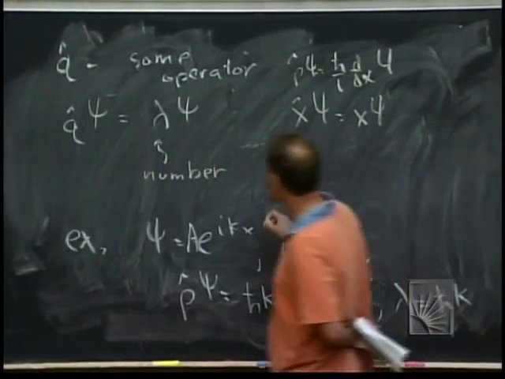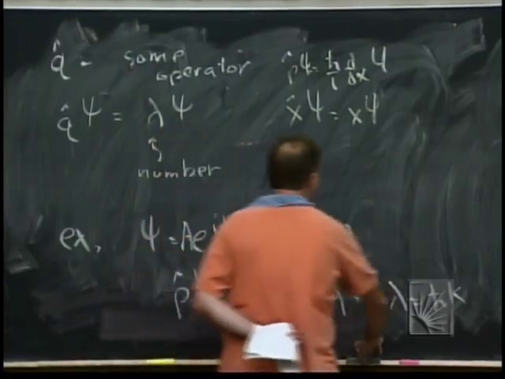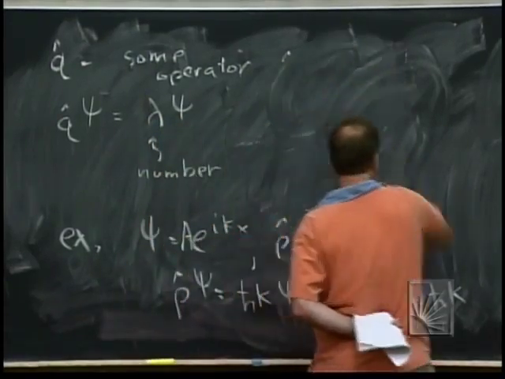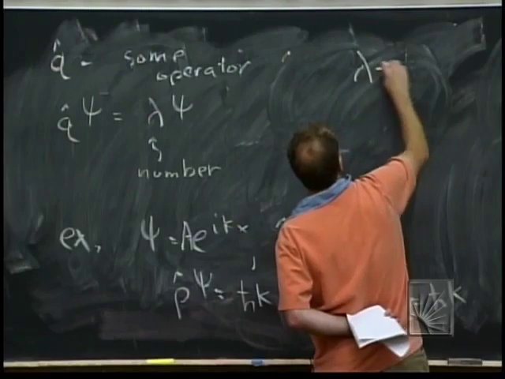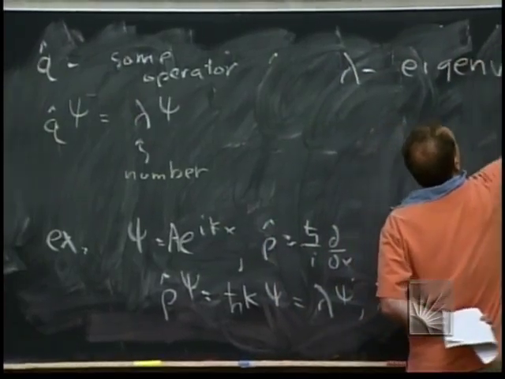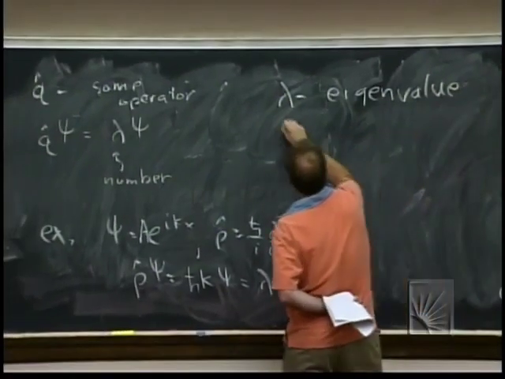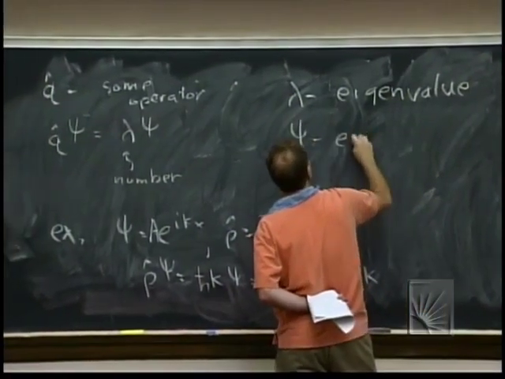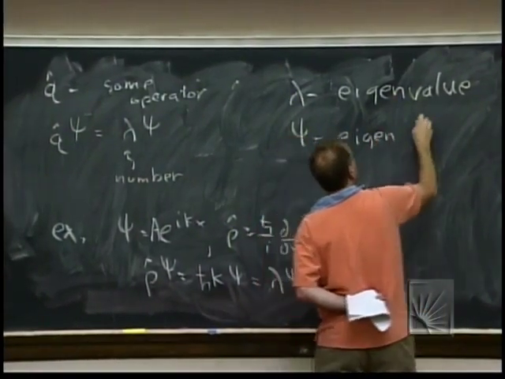If this happens, we call lambda an eigenvalue. And we call psi an eigenfunction.